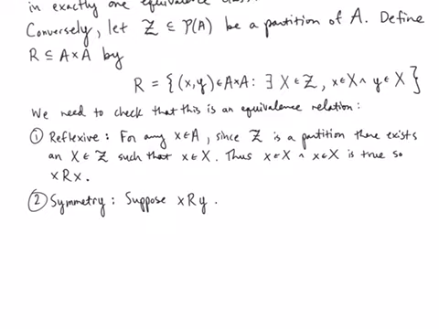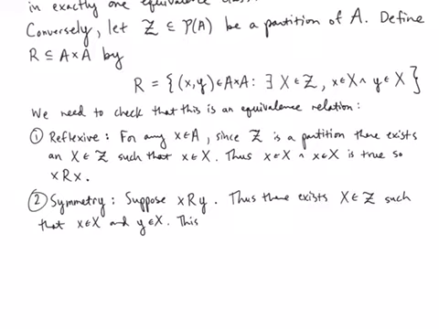Well, what that means is that there exists some X in our partition such that x and little y are in big X. So thus there exists X in Z such that little x is in X and y is in X. This is the same as y is in X and x is in X. So y is related to x by definition.